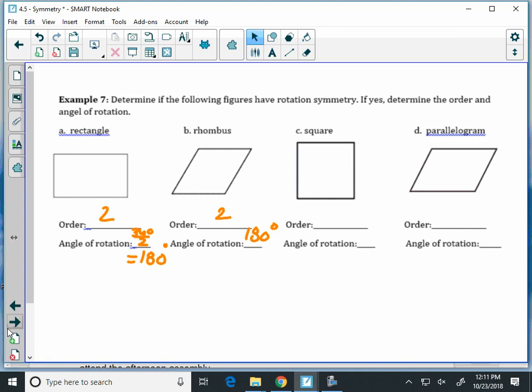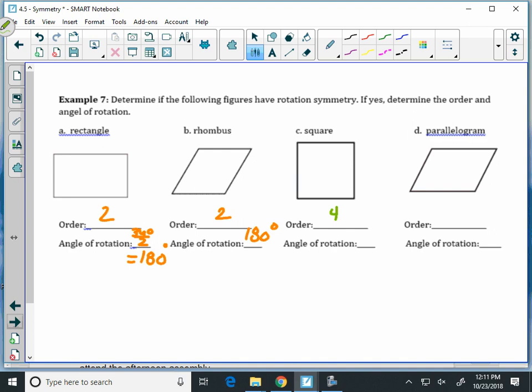Okay. We take a look at a square. You can rotate the square, but you can also use that helpful trick. We said all the sides and angles of the square are the same. And it has 4 sides. So its order is going to be what? 4. Okay, when all the sides and angles are the same, its order is 4. Yes, a rhombus has all the sides the same, it just can't go all the angles are.